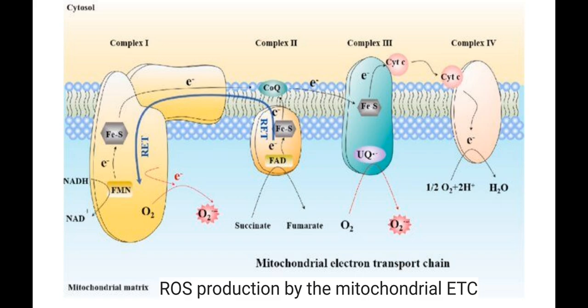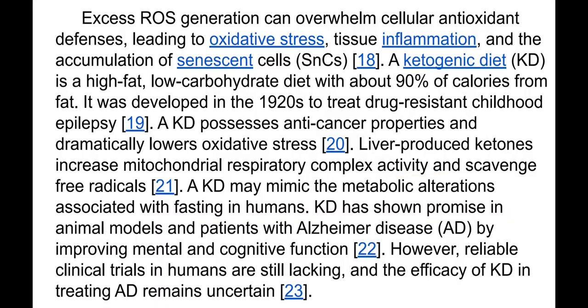So beta-oxidation is much less harmful to our body. Excess reactive oxygen species generation can overwhelm cellular antioxidant defenses, leading to oxidative stress, tissue inflammation, and the accumulation of senescent cells. Again, you can go to the source of information and read the full article.